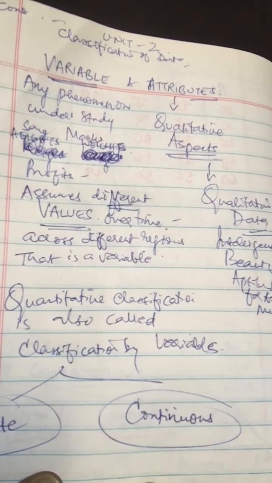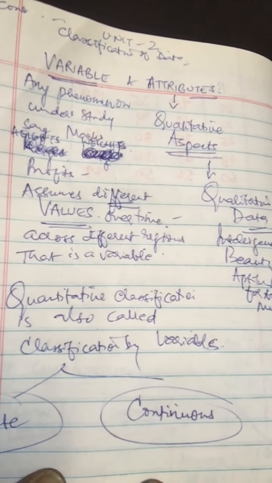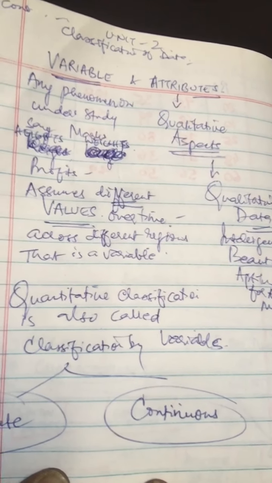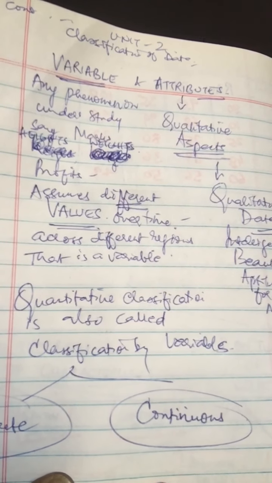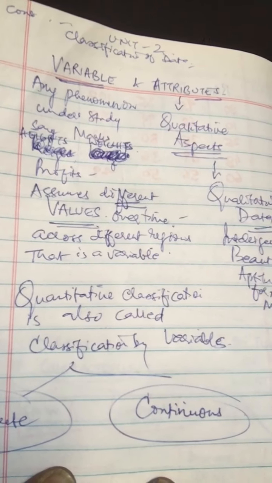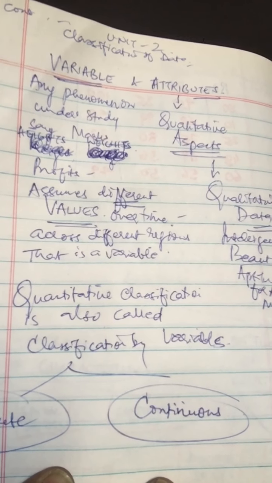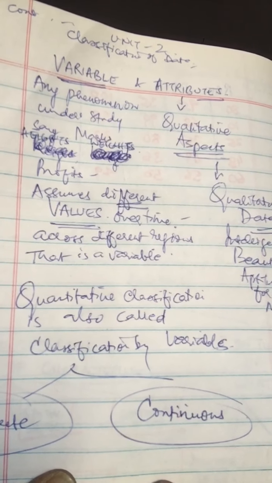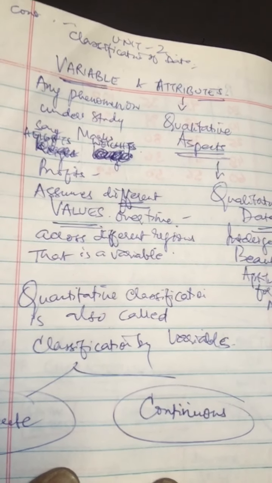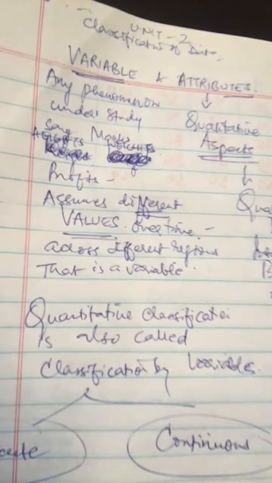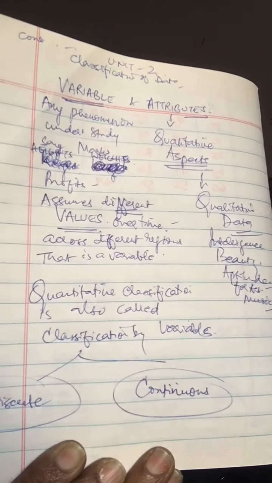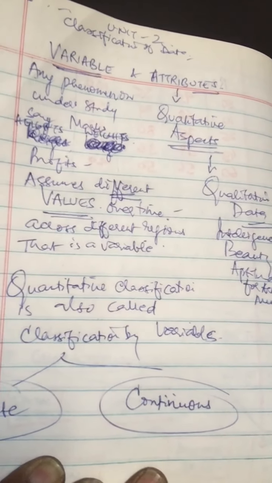Therefore, they are not called variables in the statistical sense. They are called attributes. And we may rank individuals according to the quality of attributes. The ranks are sometimes used as numerical values for the purpose of analysis, and then these may be called what is known as qualitative data.